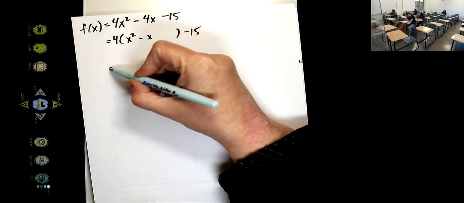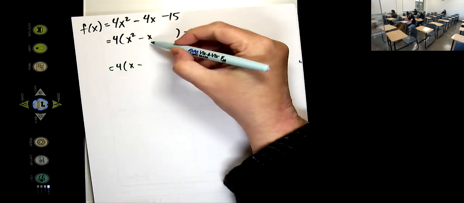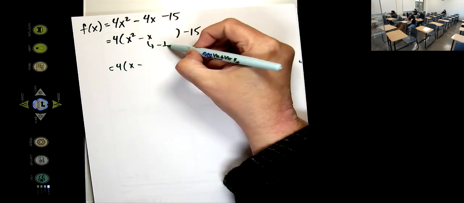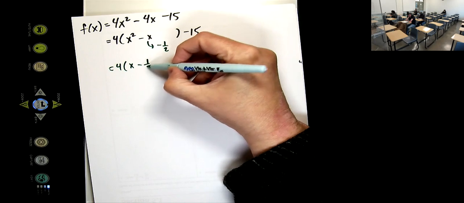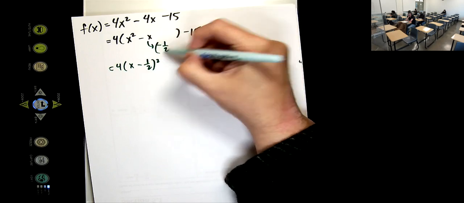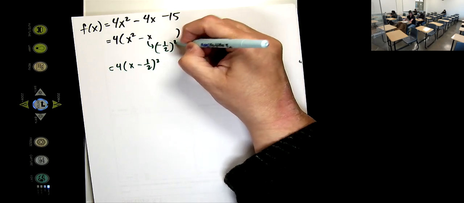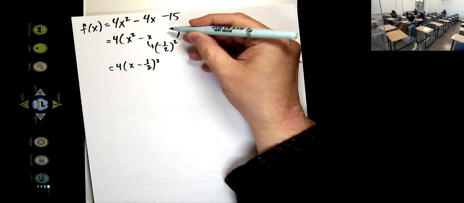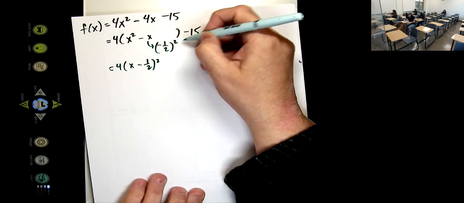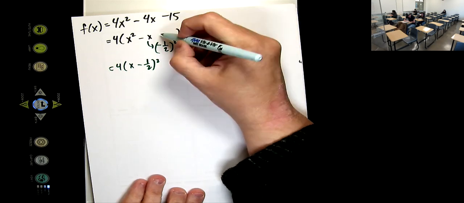So here I am taking -1 and dividing it by 2. That'll give me 1/2. And I'm squaring it, which means 1/2 squared is 1/4.